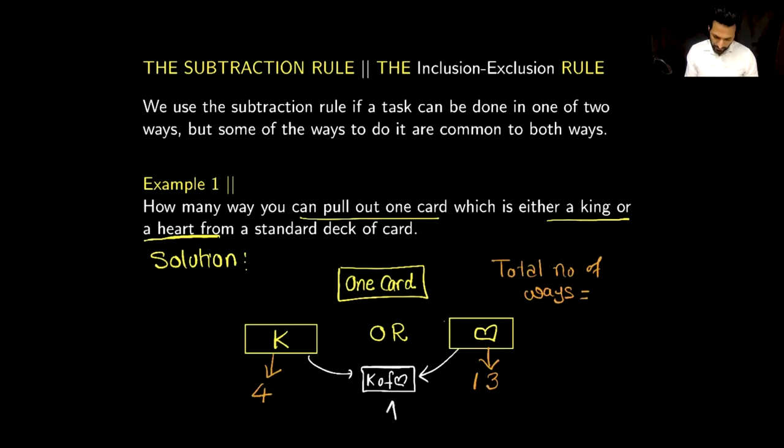This is one way, because there is only one card which is the king of hearts. So the total number of ways will be 4 plus 13 minus 1, because 1 is the common way to do these tasks, and therefore this will be 17 minus 1, which is equal to 16. So the total possible ways to pull out one card will be 16.